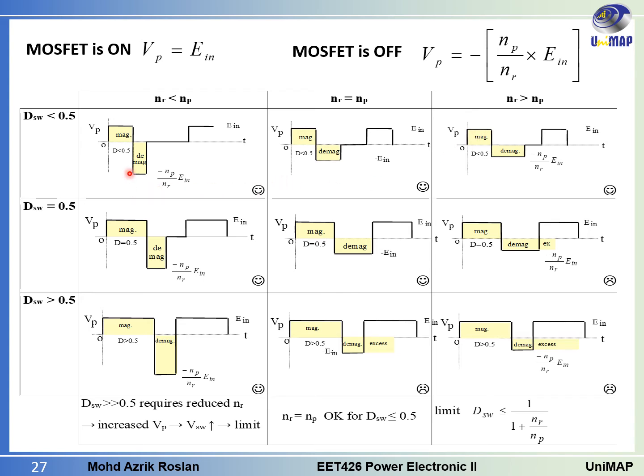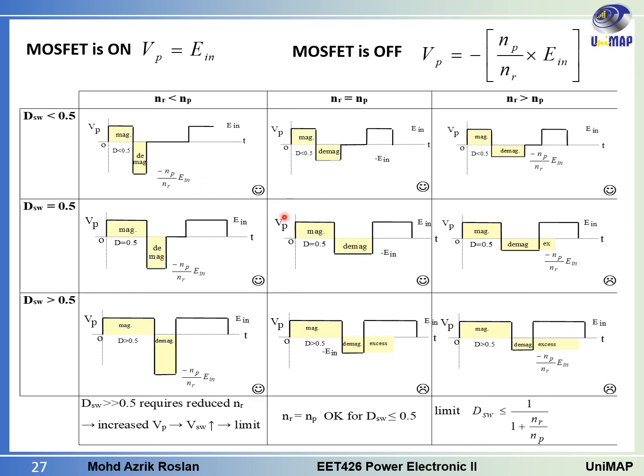So what will happen here is we have to make sure that the amount of the magnetization, we call it the magnetization potential here, during the switch turn on, when you turn off the switch, you turn off the MOSFET, is the same as the amount of energy during the switch off time.